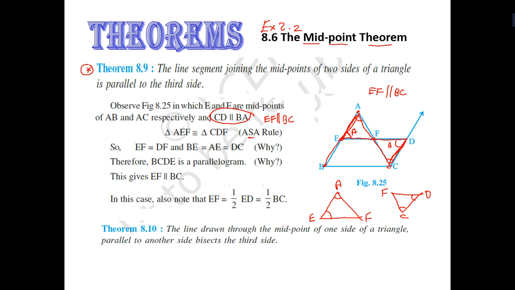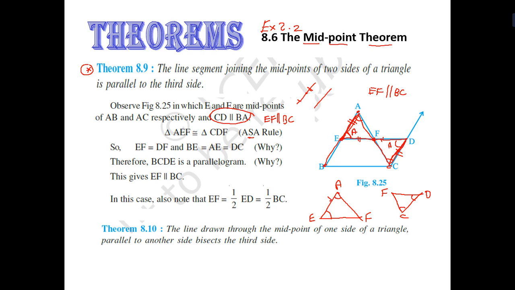And one side, because here it is a midpoint, so two sides are equal. That is why angle side angle, or here it is also equal because it is parallel. E is a midpoint, so these two are equal.